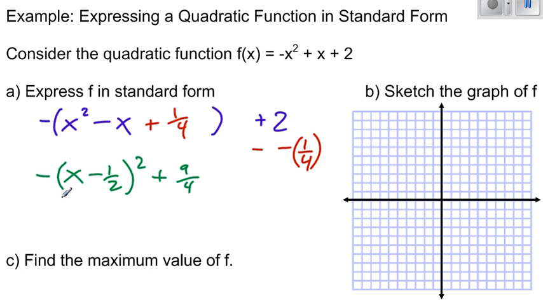So if you sketch the graph, this is shifted to the right 1/2 and up 9/4, or 2 1/4. So our vertex is right about there. And it is negative, which means it's reflected over the axis, so it's opening down.